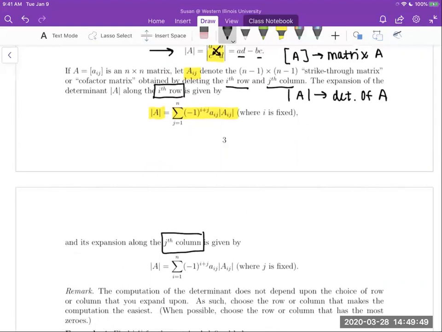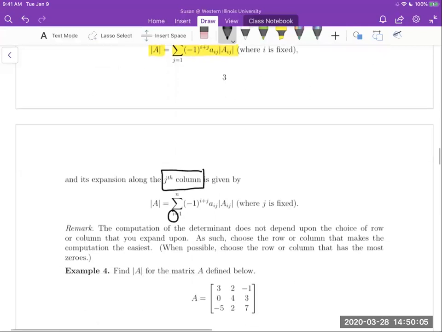The equation is exactly the same. The only difference is now we're indexing across i rather than j. So you're fixing a column and then moving down that column into all of the different rows, and you're summing over i.